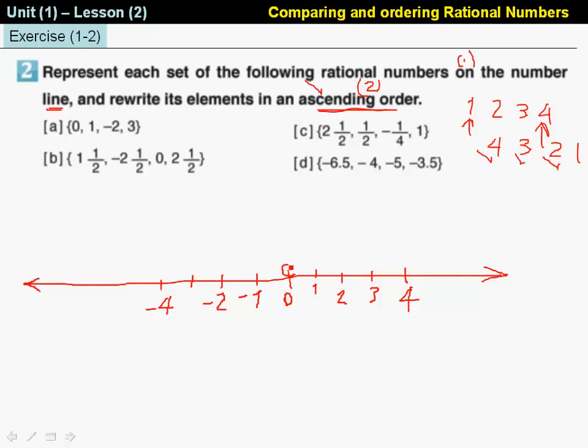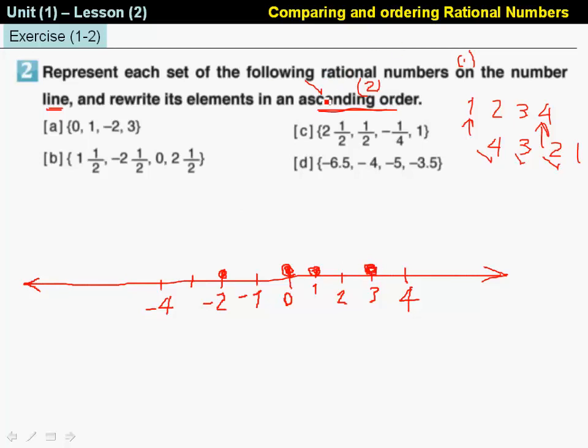We have to draw a small circle at this point. 1 is here. Also, we draw a small circle. Minus 2 is here. Draw a small circle. 3 is here and also draw a small circle.